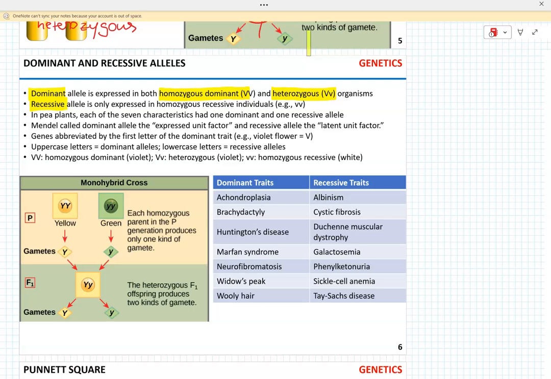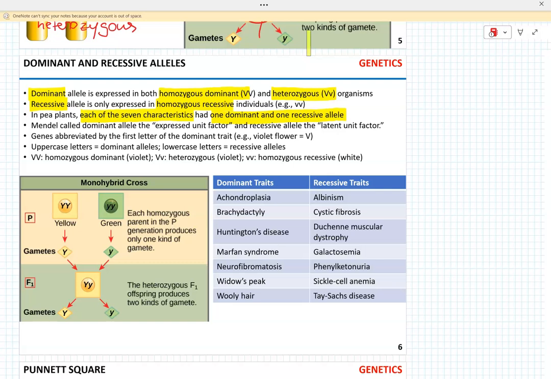Recessive alleles are only going to be expressed in homozygous recessive individuals, where both alleles are recessive, since there is no masking from a dominant allele there. In the pea plants that Mendel studied, each of the characteristics he looked at had one dominant and one recessive allele, so he pretty much got lucky.